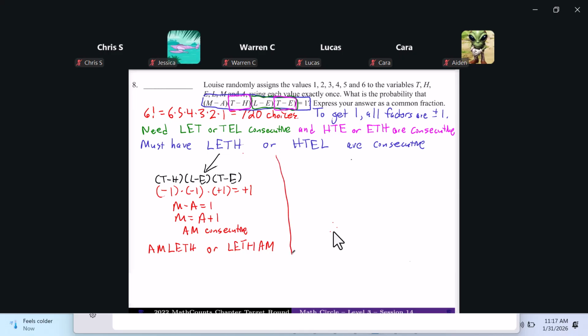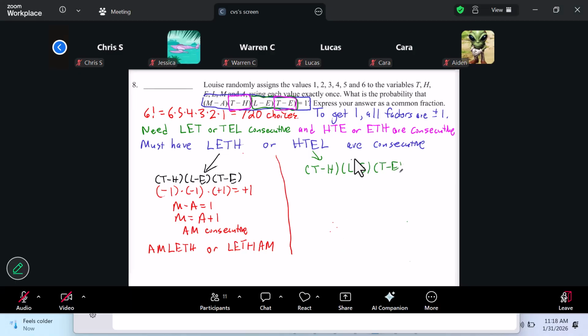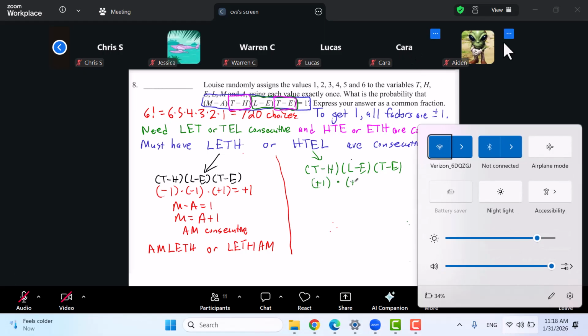I'm going to see very similar behavior if I look at this HTEL. So let's look at these last three factors here: T minus H, L minus E, T minus E. Here, T is bigger than H, so this is a +1 factor. L minus E, that's a +1 factor.